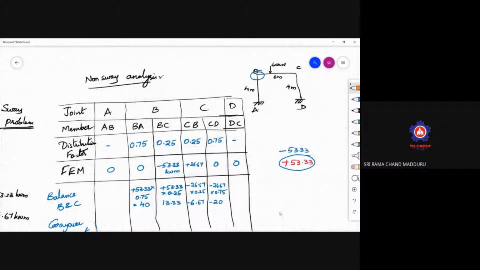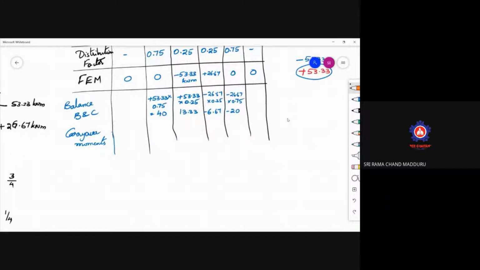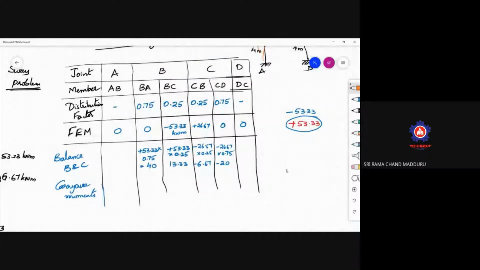You are writing BA, so the far end is AB. For BC, the far end is CB. For CD, the far end is DC. So the carryover moments will be from BA to AB. Half of the moment will be carried over, so this is 40 by 2.